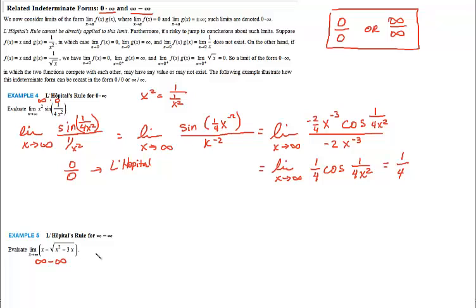I notice I have an awful lot of x's in here, and I know I have this square root, so I think I'll look at pulling an x out of there.